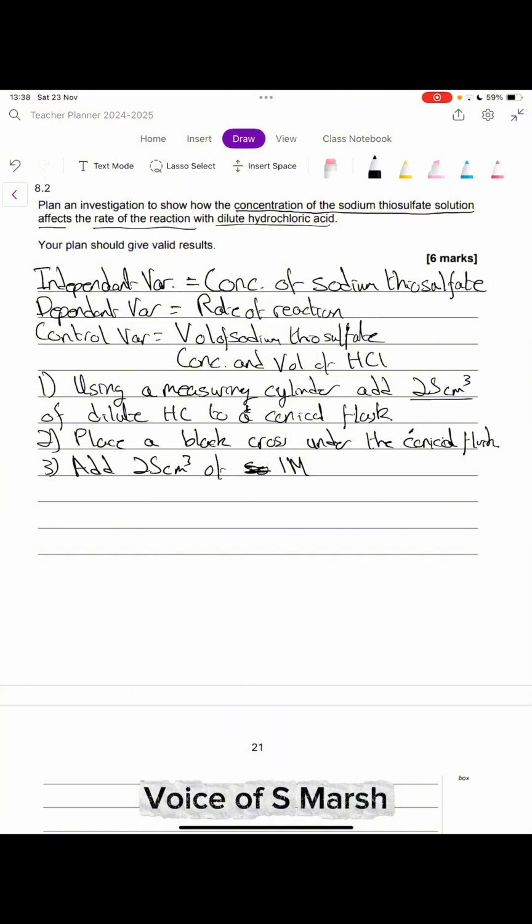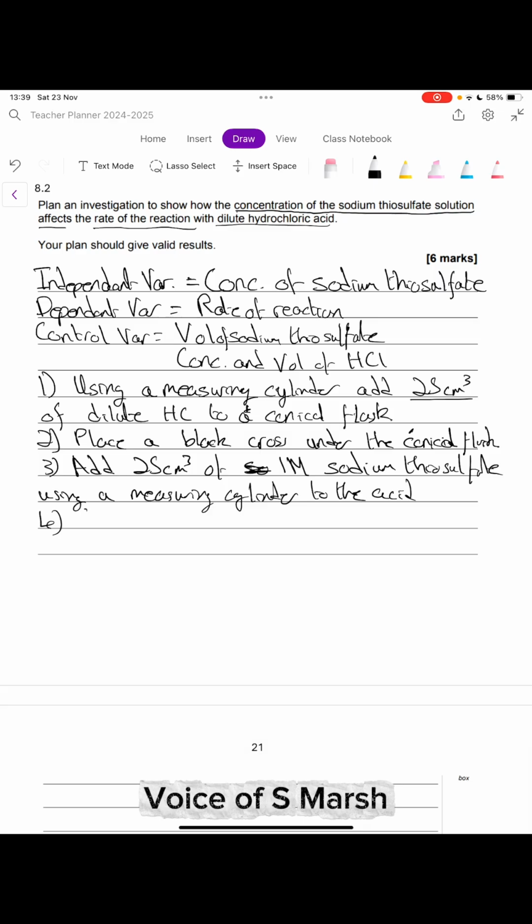So add 25 centimeters cubed of 1 molar sodium thiosulphate using a measuring cylinder to the acid.